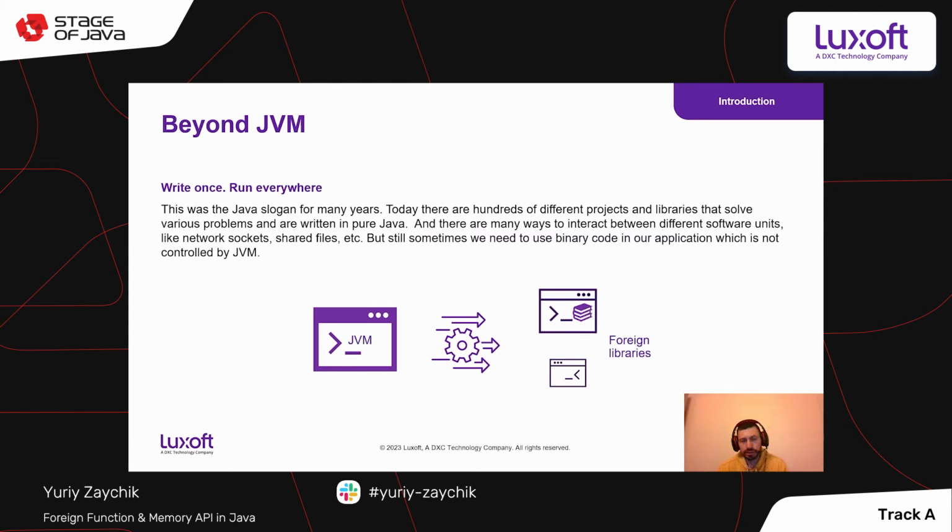But still, sometimes we need to use some foreign binary code which is not controlled by the JVM, or some memory which is also located outside the JVM. So what could be the cases for this?